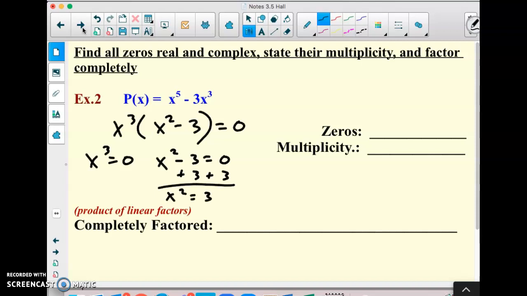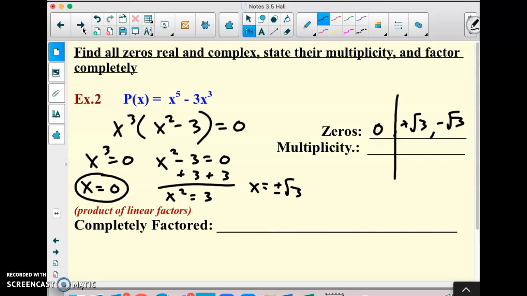Now we'll get x equals plus or minus root 3. And here, if I solve this, take the cube root of both sides, I'll get x equals 0. The question is, what are the zeros? I have 0. I also have a positive root 3, and I have a negative root 3.